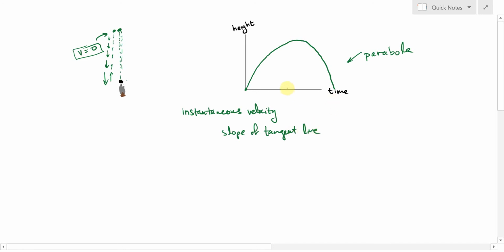What I mean is that at this time, and I don't know what it is, for now I'll just call it time A, when it reaches its max, whatever the slope of this tangent line is, remember that tangent line is just a line that just barely hugs the curve, whatever the slope of this line is equals our instantaneous velocity. Our velocity at that instant of time. If you just freeze time for that moment, what velocity are you traveling at?